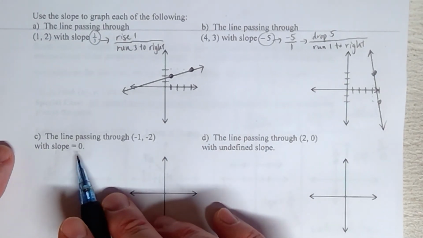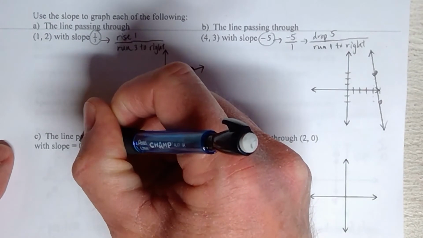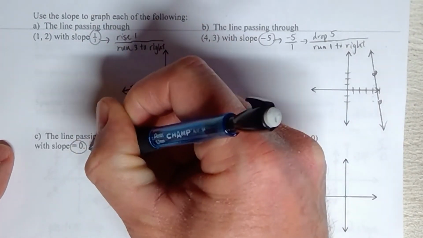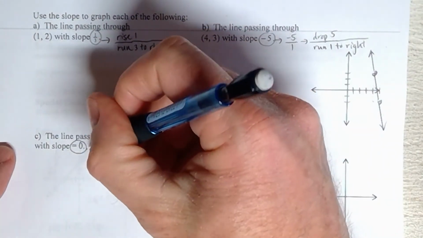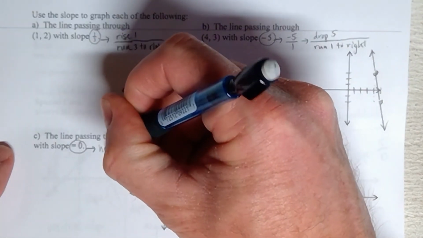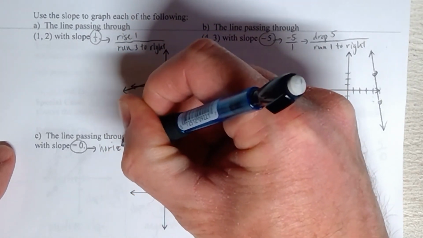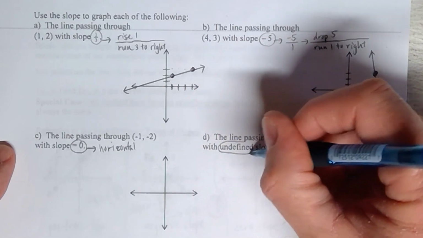The next 2 problems here, you can see the slope is 0 and the slope is undefined. Good news, because anytime you have a 0 slope or an undefined slope, you don't do the rising and dropping. What you do instead is you just simply say, oh, 0 is horizontal. And over here you say, oh, undefined.